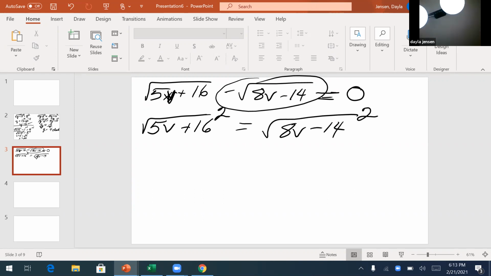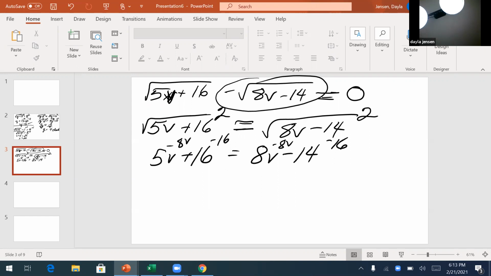And that's the first step. Make sure you've got a radical equals a radical and nothing else to complicate things. So 5v plus 16 equals 8v minus 14. So get everything with a v on one side, everything without a v on the other side.